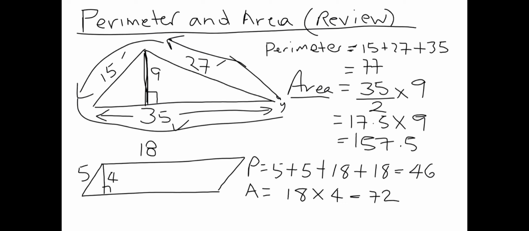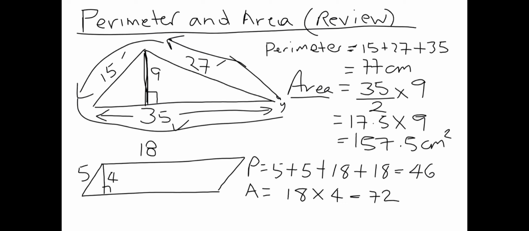Depending on the unit of measure, if it was centimeters, it will be centimeters squared. And if it was just a perimeter, it will just be centimeters. We won't have a square there.